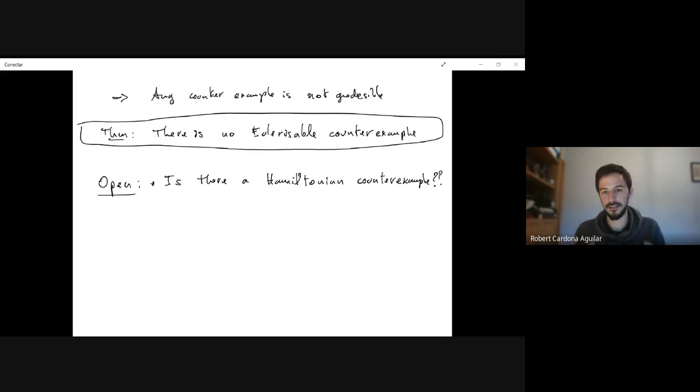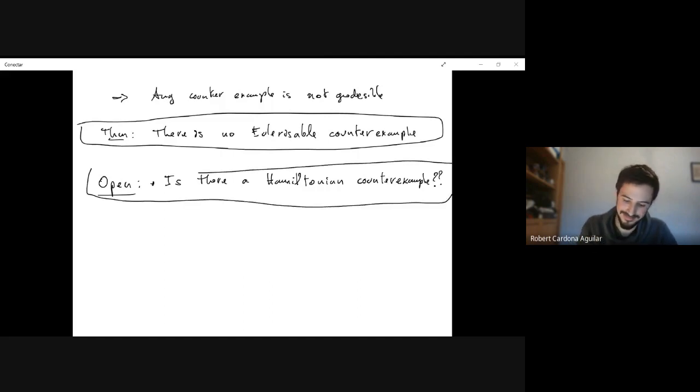What we can prove is that along a submanifold you might have a counterexample, but not globally. So this question is still open, and I don't know if it's true or not. In any case, if there is a counterexample, it's not going to be geodesible, of course.